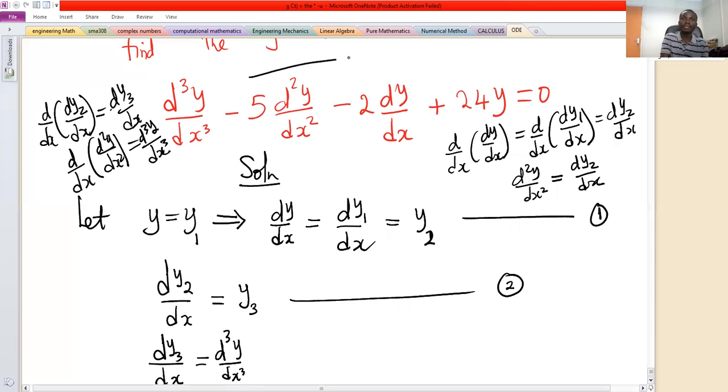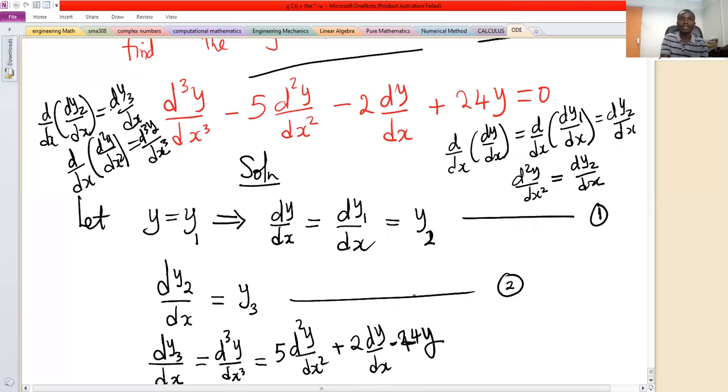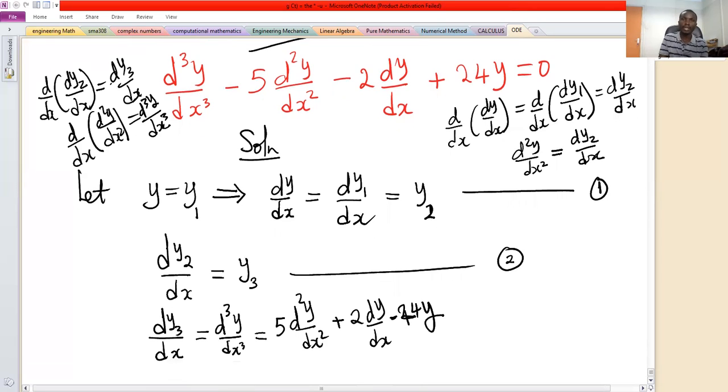And then from the given equation, taking these terms to the right hand side, this will be the same as 5 d squared y dx squared plus 2 dy dx minus 24y. I'm simply taking these terms to the right hand side so that I make the third derivative of y with respect to x the subject.